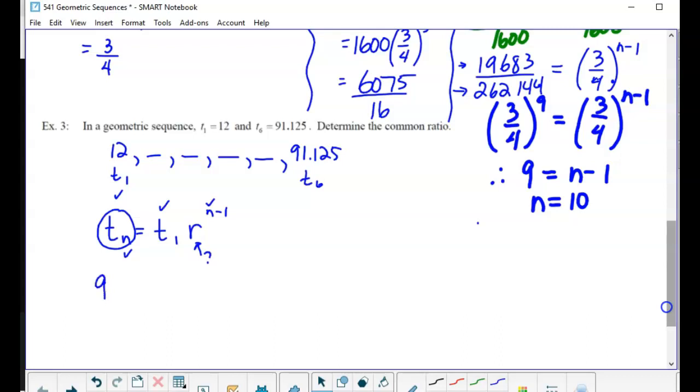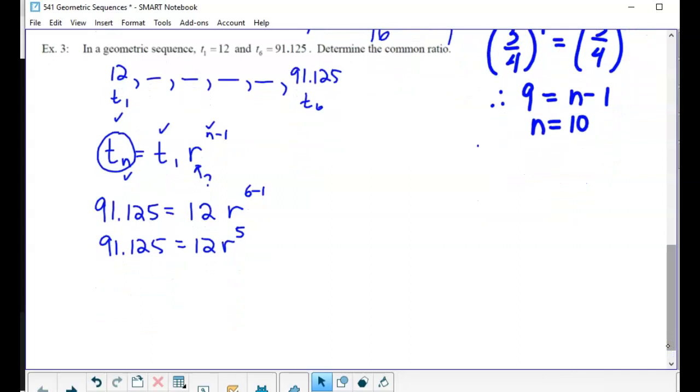So 91.125 is your 6th term. Your first term is 12. R we don't know. And n is 6. So 6 minus 1. Okay, and we're trying to figure out what r is. So really, this is 12r to the 5th. Okay, so we want to isolate r, so we're going to divide both sides by 12.